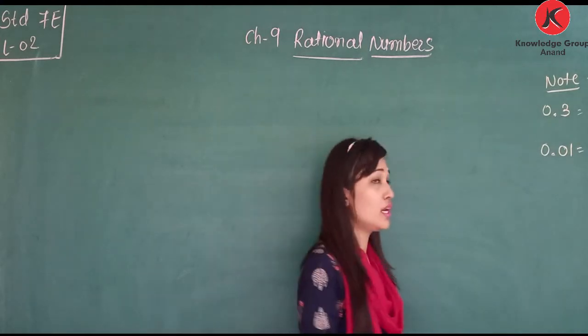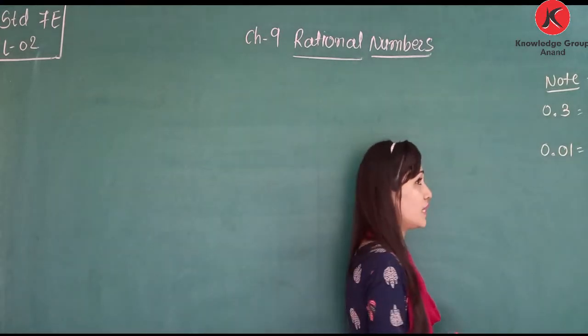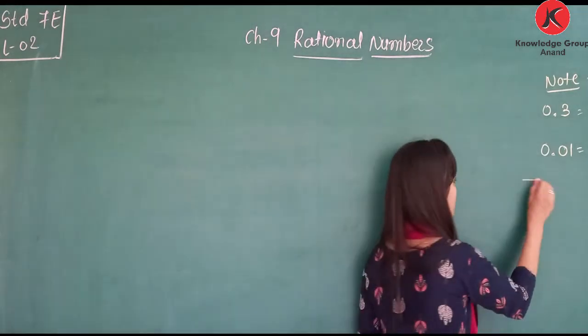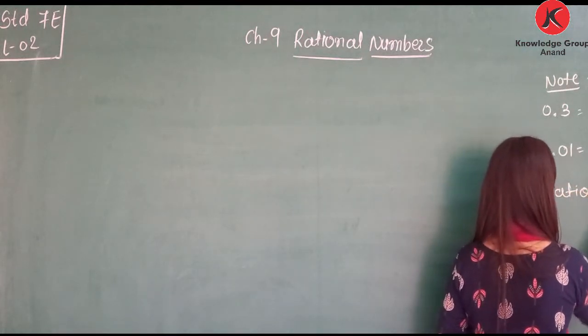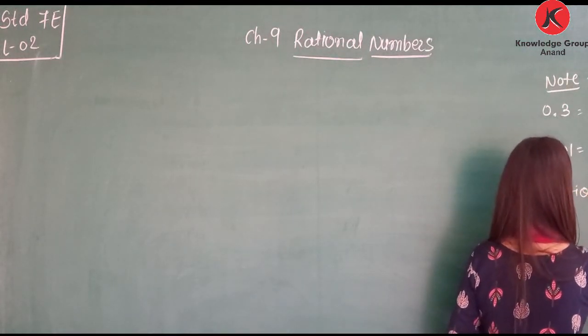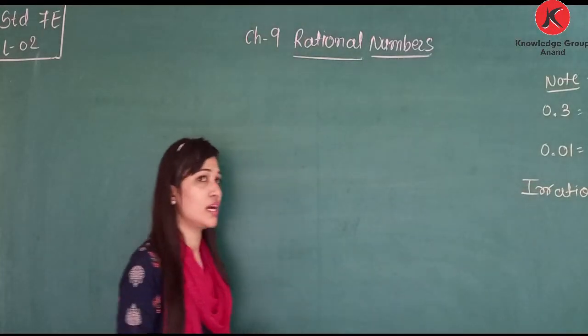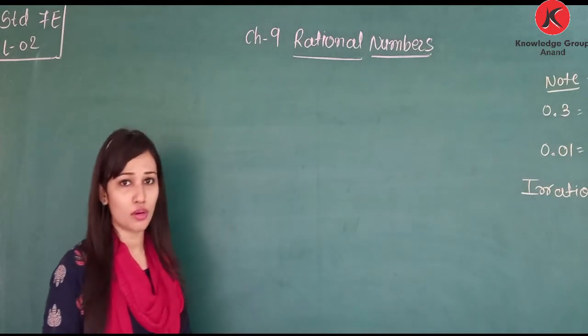Now, if in an exam question it is asked which number, there is also one group of numbers that is the irrational number. After rational numbers, there is another group of numbers that is irrational numbers, that you will learn in 9th standard, but you need to have some knowledge about them.